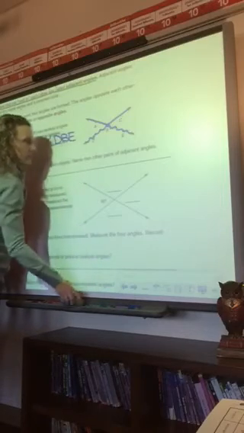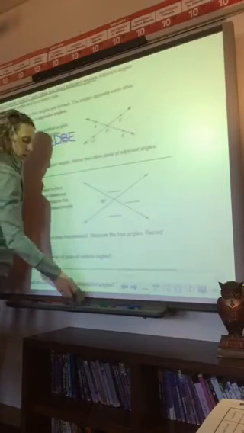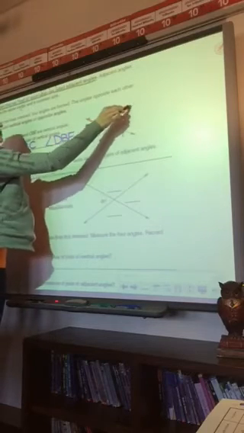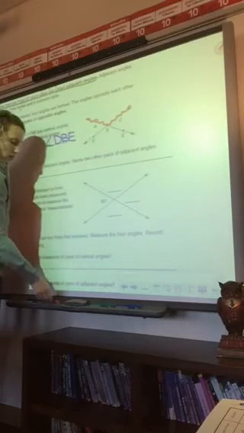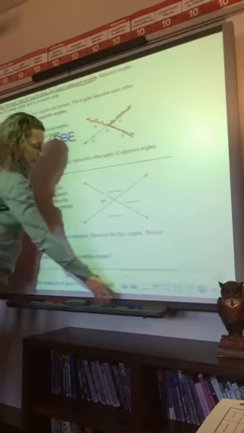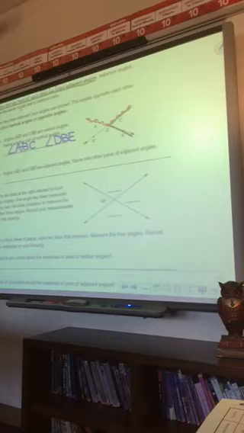Okay, the next question says angles ABC and CBE are adjacent angles. I'm going to erase and give you a fresh slate here. What is another set of adjacent angles? What's another set? Sophia, give me one.